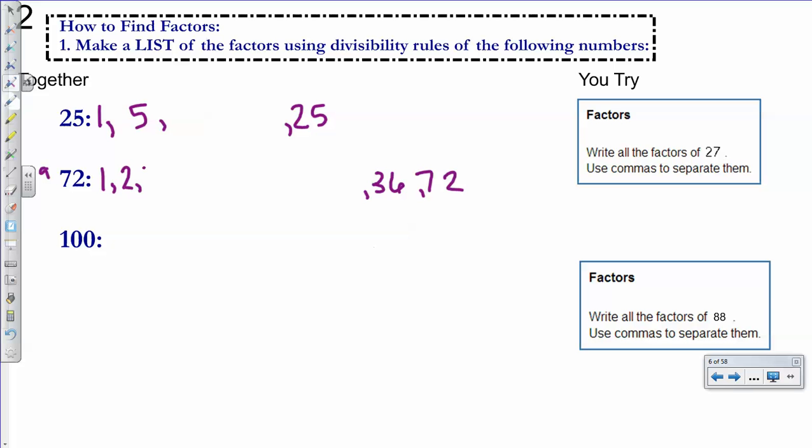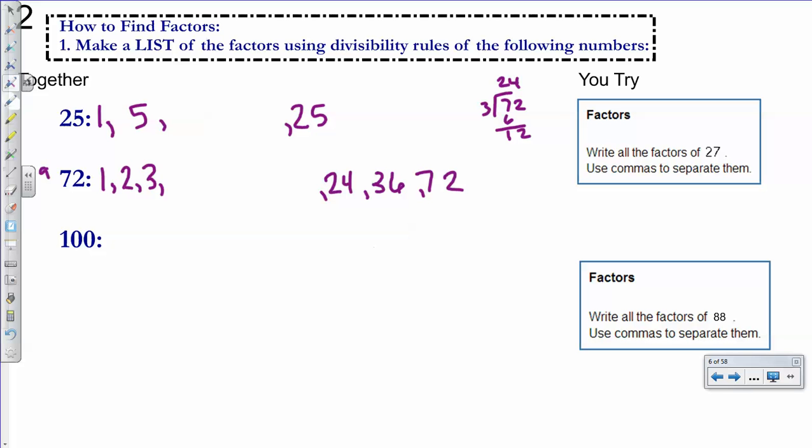I know that 3 is going to work because it adds up, but I need to know 3 times what? So I'm just going to do 72 divided by 3. So it looks like 3 times 24. How about 4?